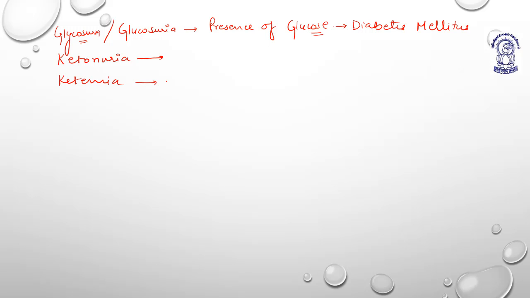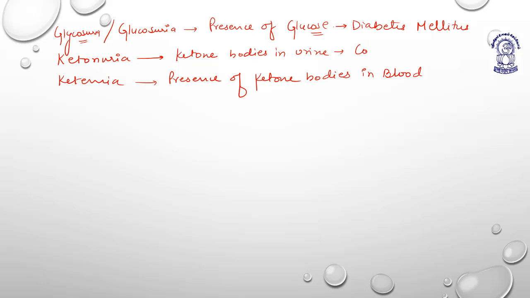Ketemia is presence of ketone bodies in blood, and ketonuria is ketone bodies in urine. It is also a complication of diabetes mellitus or maybe due to starvation.